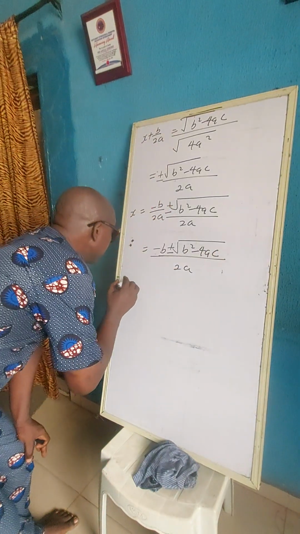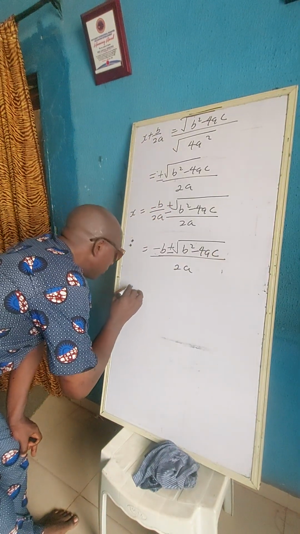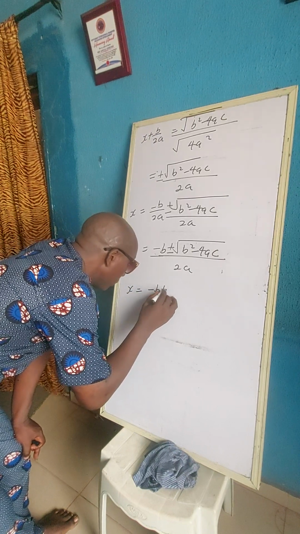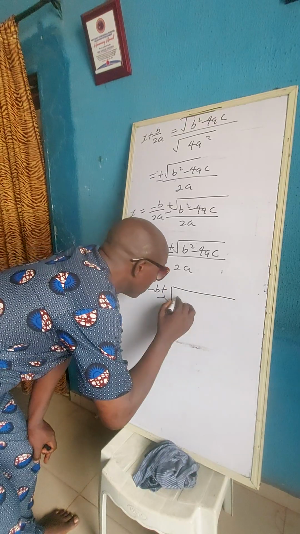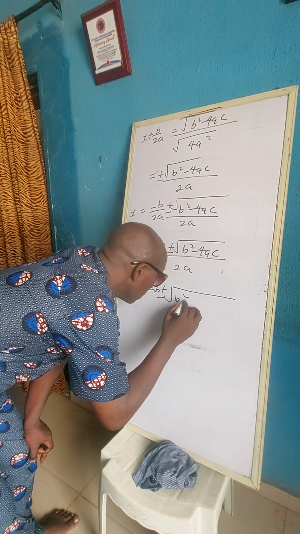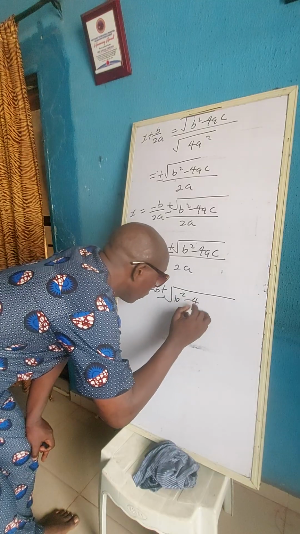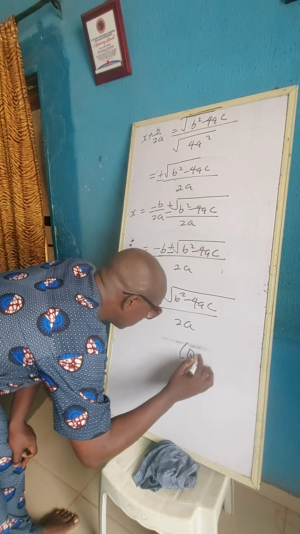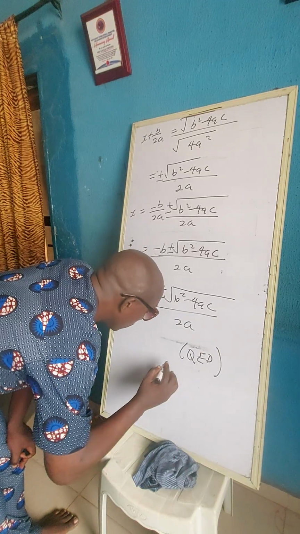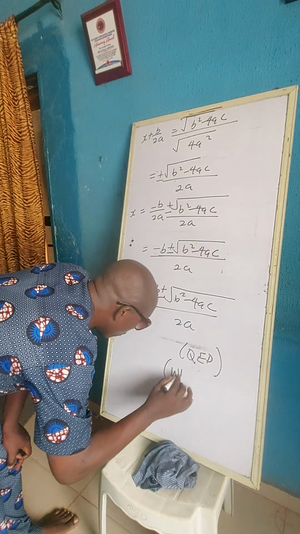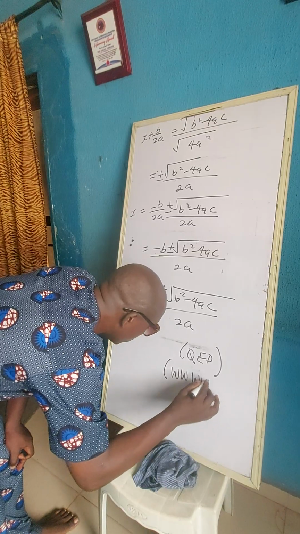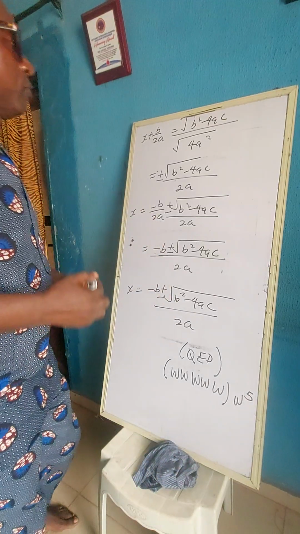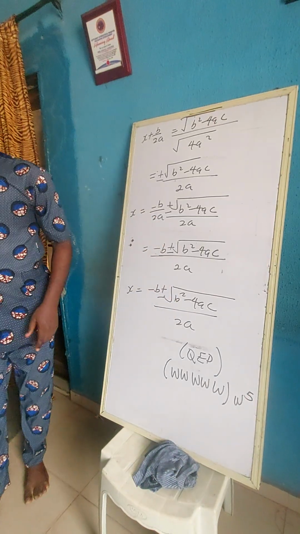So definitely our x equal to minus b plus or minus square root b squared minus 4ac over 2a, which is quite easily done, which was what was wanted. It's very simple. That's about that one. Thank you.